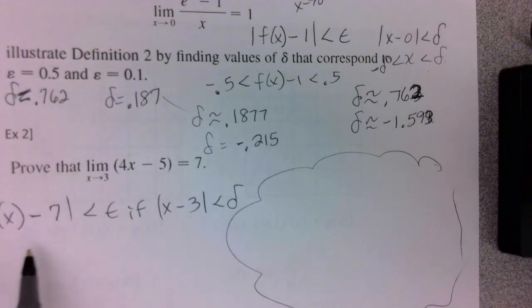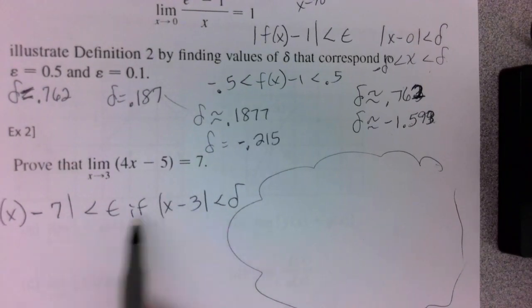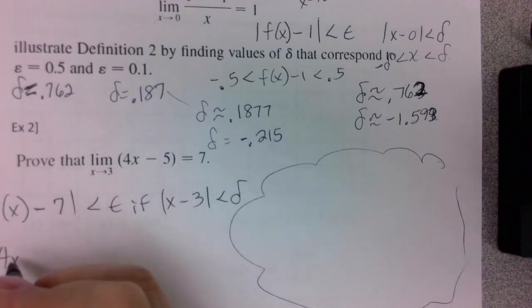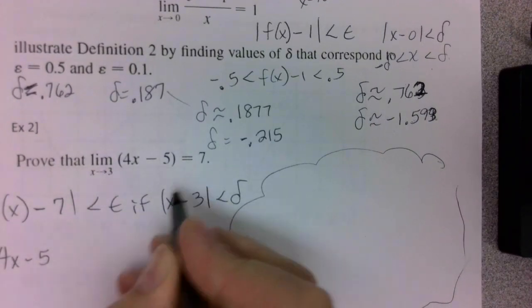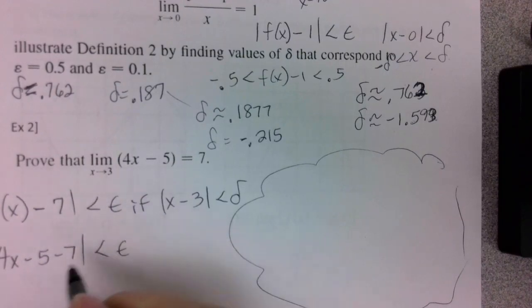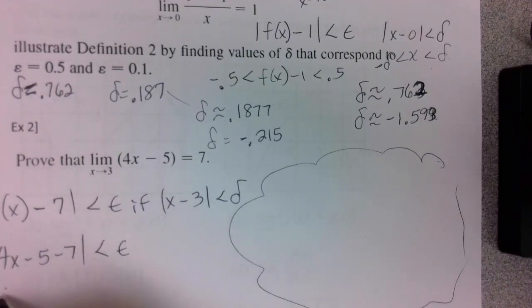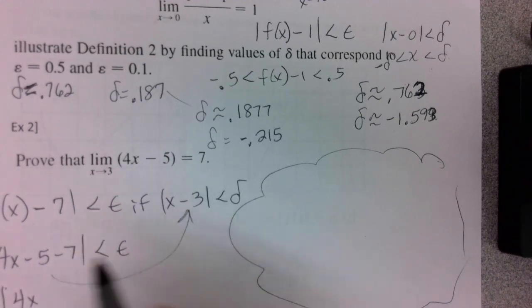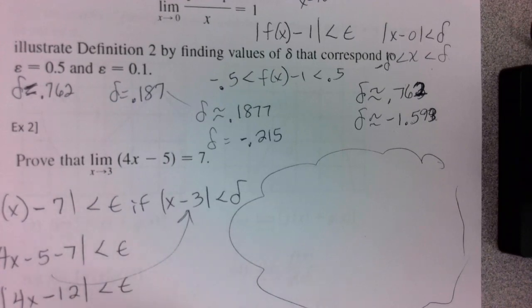So what we have to do is manufacture what delta we're going to use. And so that f of x is 4x minus 5. And then I just start working on this to actually make it look like that, okay? -5 minus 7 is -12. Factor the 4 out.